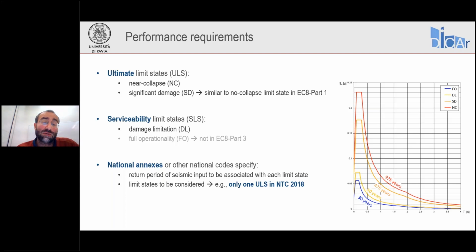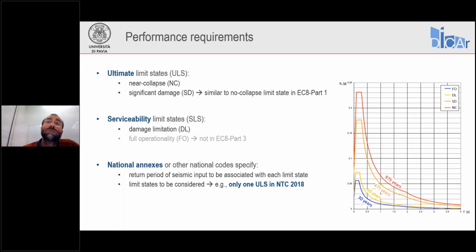In the Italian code, there is also a 4th limit state, another serviceability limit state, which is full operationality, which is not included in Eurocode. Now, EC8 refers to national annexes or other national documentation for the selection of the return periods to be associated to each limit state.